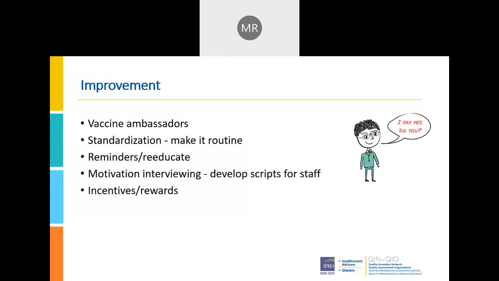So that's going back to that assessment. How are you assessing your staff, your residents, and how are you making this part of the routine? Reminders and re-educate. How often are you discussing vaccinations? And in your quarterly MDS review, are you talking about pneumococcal vaccine if they weren't vaccinated? Maybe that's a time to keep talking about it.